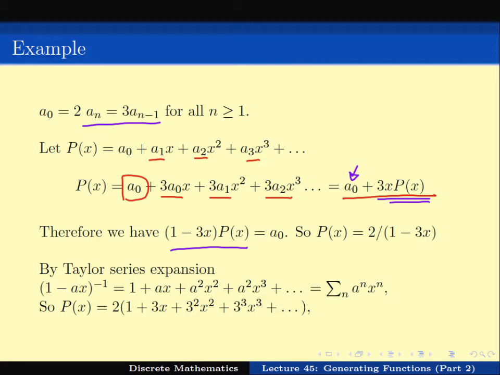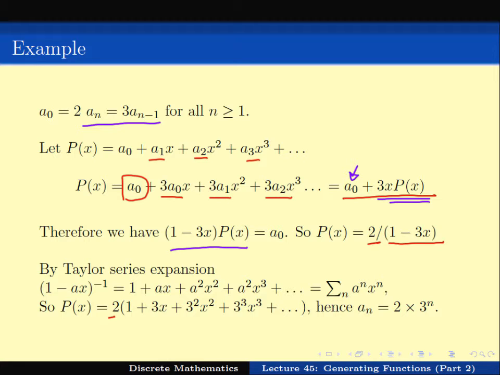We get (1 minus 3x) to the power minus 1. So it is 2, which is this 2, and 1 by 1 minus 3x is 1 plus 3x plus 3 squared x squared plus 3 cubed x cubed and so on. You can see that here I have used the Taylor series expansion of (1 minus 3x) to the power minus 1.